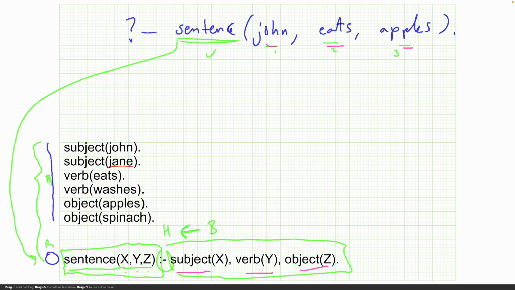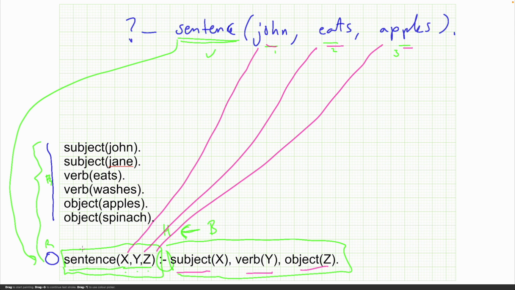Why is that? Because sentence XYZ matches this, and therefore the variables match. So the property matches this property, and those parameters, their variables, will match these things, John eats apples.